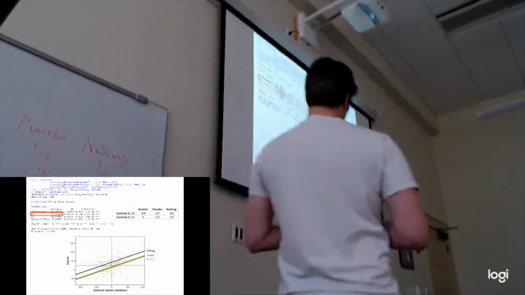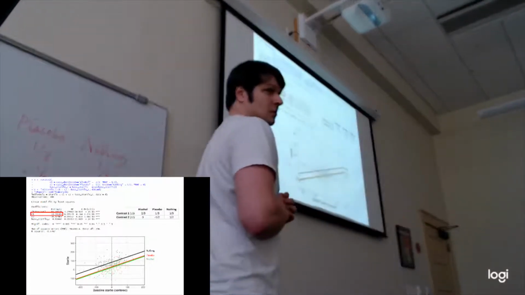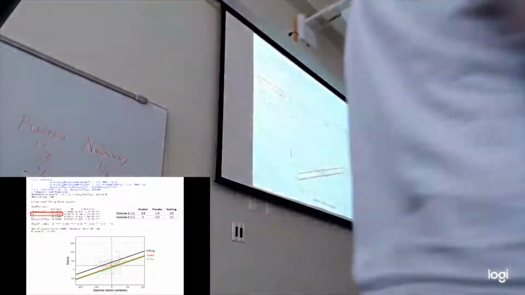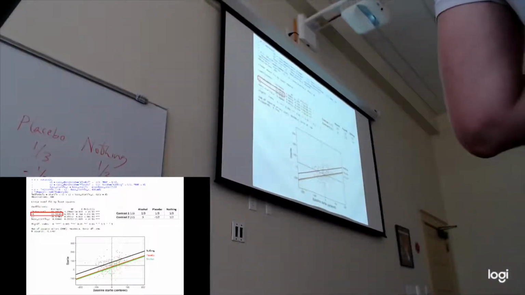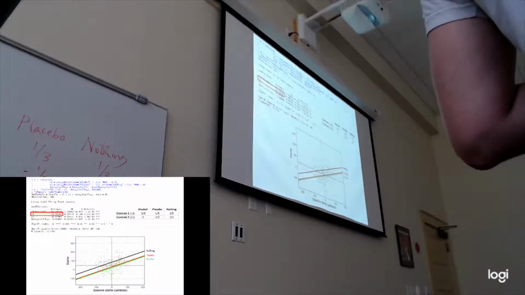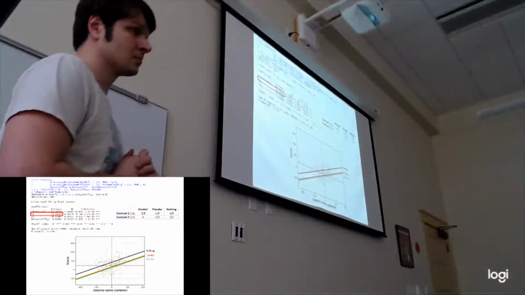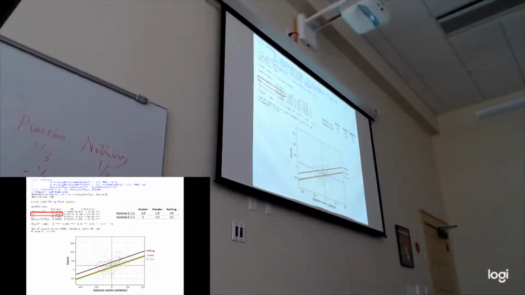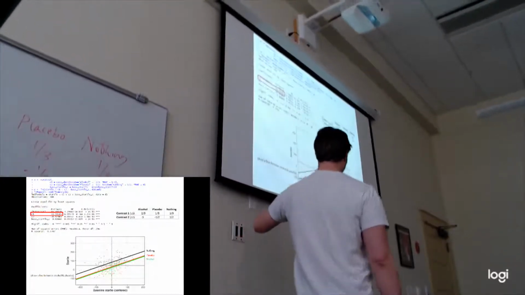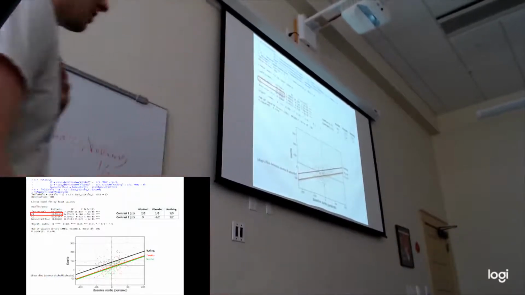How about C1? Where do you think C1 might be represented on this graph? It's probably pretty hard to see because placebo and nothing aren't averaged together in this graph. So it's pretty hard to see. Yeah, absolutely. So I'm going to draw one extra line to help you see where this quantity is represented.